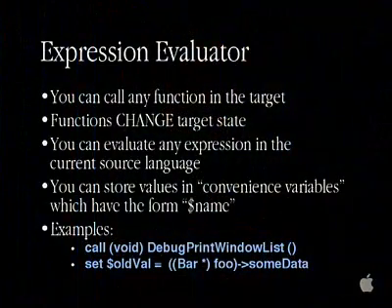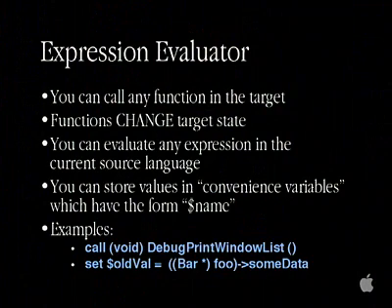The expression evaluator can call functions. If you call functions, the functions change state. It basically just evaluates whatever string you gave it as though it were an expression being compiled in the current source language, that is the source language of the currently selected frame. So as you go up and down the frames, you might change from C++ to C to Objective-C, and depending on the scope you're currently focused on, it'll evaluate it there.